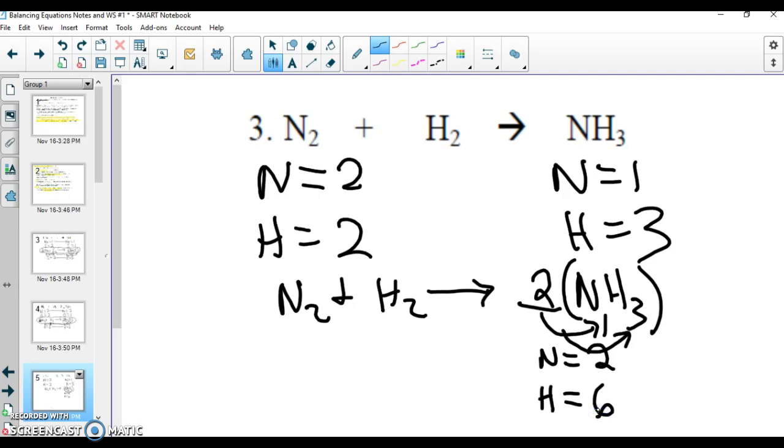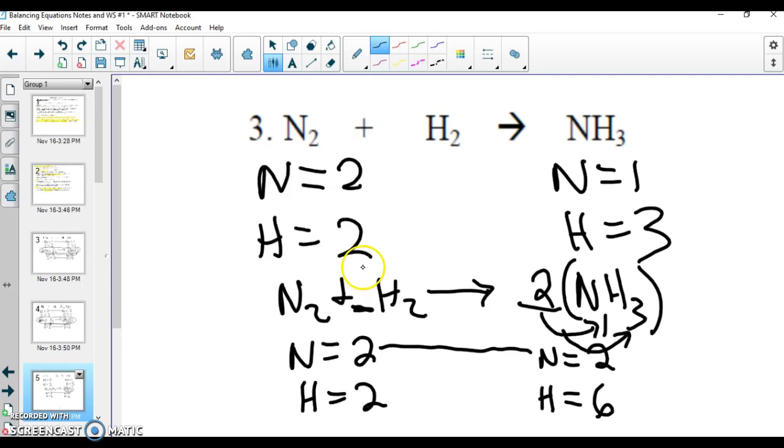Okay, so right now I've got nitrogen is 2, and I have hydrogen is 2. So I solved my nitrogen problem, but I haven't solved the hydrogen problem. So I can put a coefficient in front of the hydrogen, and that will give me 6.